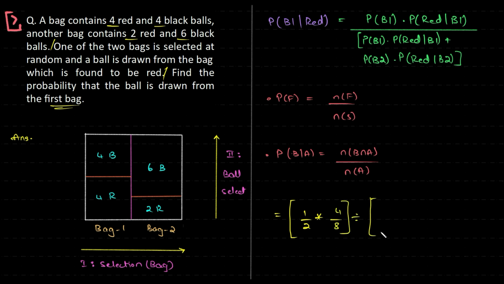Divided by the same set of numbers. So you can actually directly write it 1/4 because it's easy calculation, right? Plus probability of bag 2, that is half. There are equal chances of this happening, 0.5 and 0.5. Let me not do 0.5 and confuse you guys. This is 1 and 1.